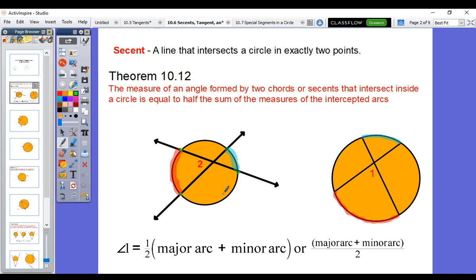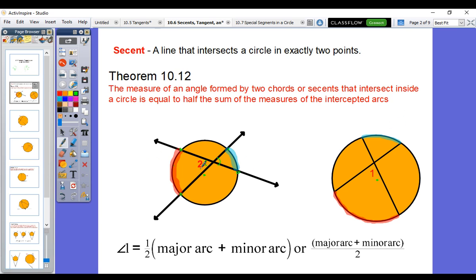Now, this theorem is saying, when the angle is not at the center, so when the center is roughly about right there, we look at the two arcs that are intersected. So we have a major arc and a minor arc. Major arc being the bigger one, minor arc being the smaller one. Not necessarily over 180 or under 180. We just use major and minor in this case to represent the bigger one and the smaller one.